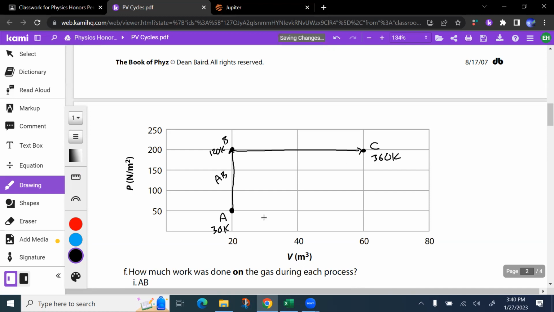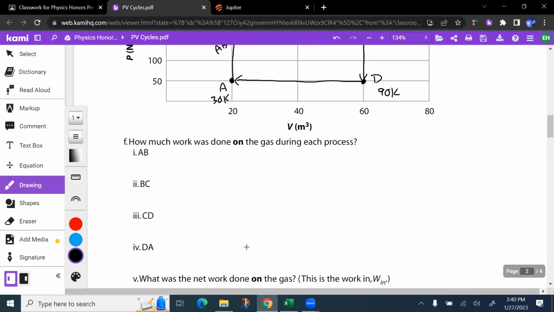And then finally, the pressure reduces by 4 at a constant volume, bringing the pressure back down to 50 at state D. But you've just brought the temperature down by 4 also, which is at 90 Kelvin. And then completing the cycle would bring D back to A again, which was the original 30 Kelvin.